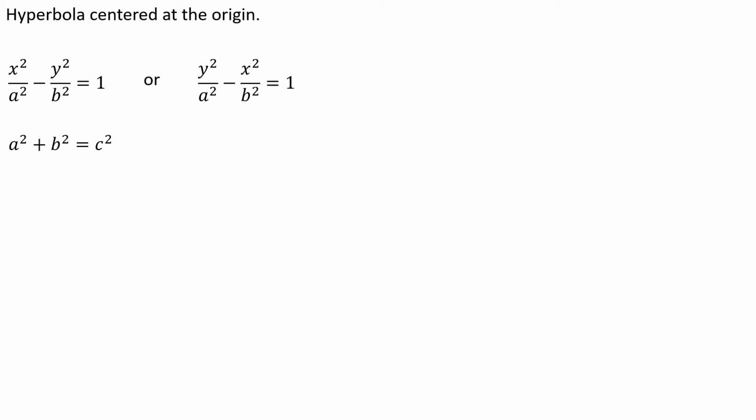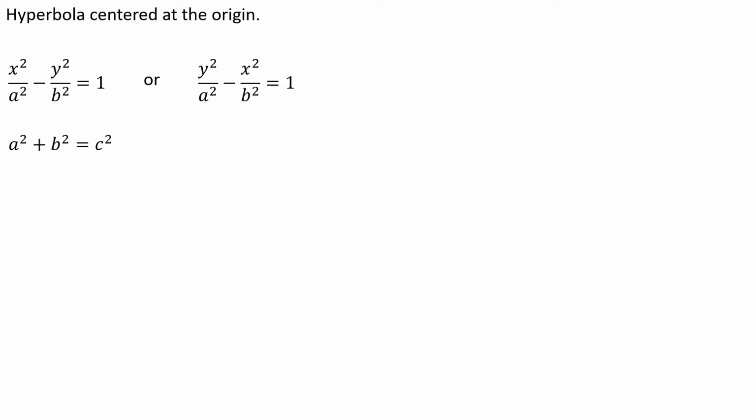So if we have x squared over a squared to start the equation, the vertices are going to be going left and right in the horizontal direction for x. If we start out with y squared over a squared, the vertices will be going up and down vertically in the direction of y.